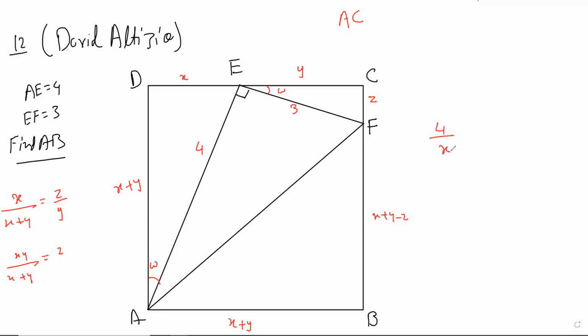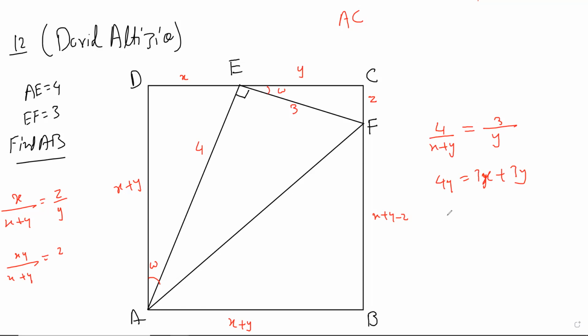Like 4 by x equal to, or maybe better to say 4 by x plus... So we use the similarity but incompletely, and so this is nice. Yeah, can't miss these things.